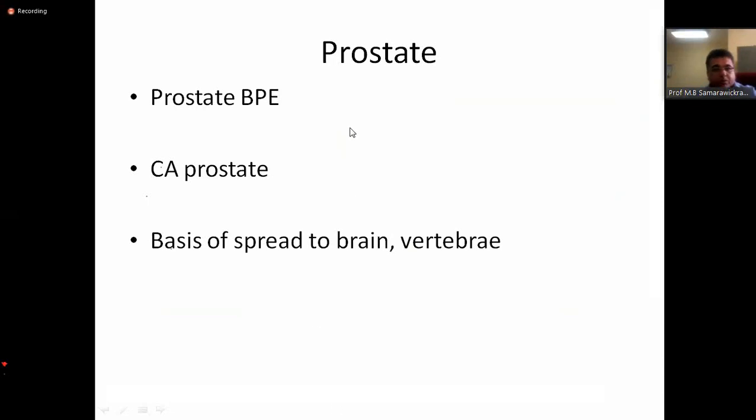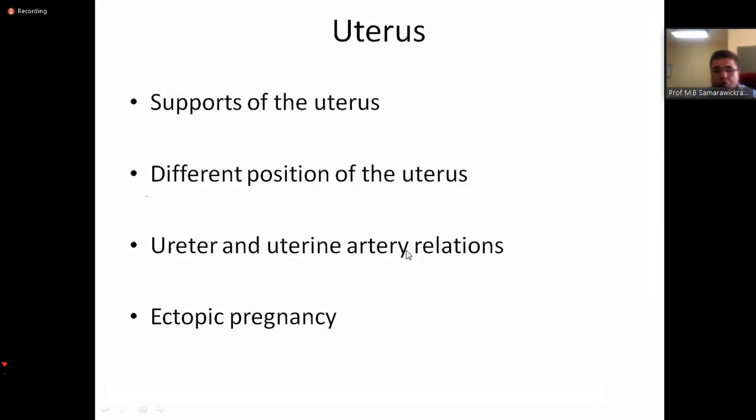Regarding the prostate gland: benign prostatic hyperplasia or enlargement, carcinoma of the prostate, and the basis of spread of prostatic carcinoma to the brain and vertebrae via the vertebral plexus of veins. You have to know that. Right.